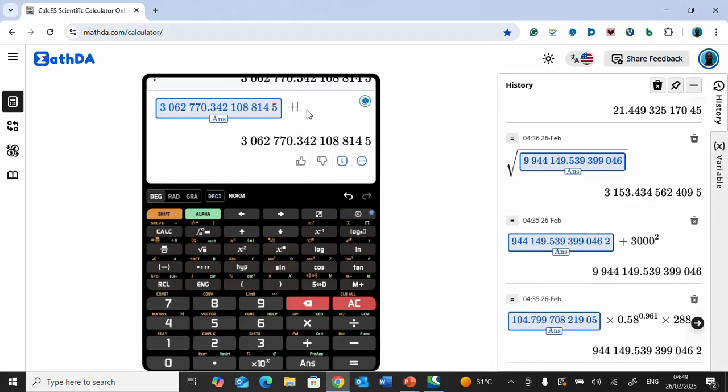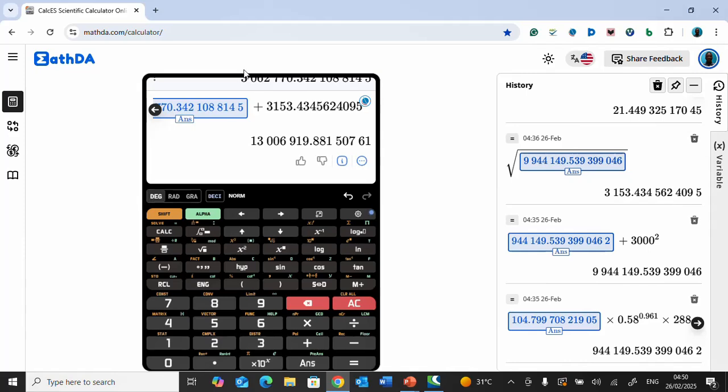So now we say 3,153.434,562,4095 square. So we square this. If we square it, we say equal to what?